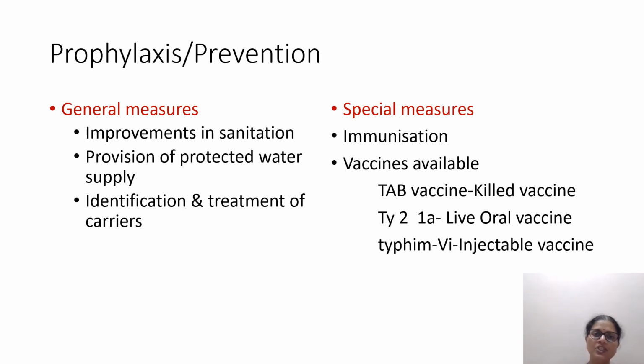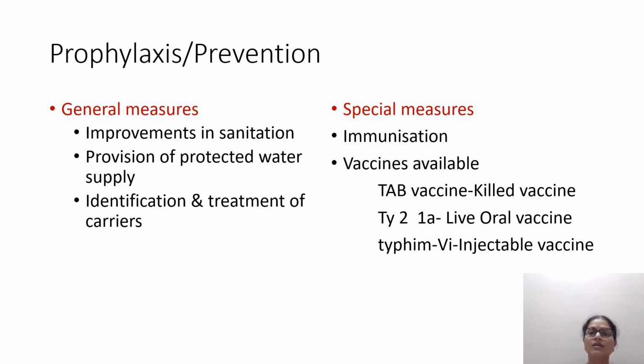Typhoid can be efficiently prevented by taking certain general measures and special measures. The general measures include improving the sanitation conditions, providing treated water supply, and also identifying and treating the carriers. The special measure is mainly by giving vaccines. Three types of vaccines are available. The first one is the TAB vaccine, which is the vaccine introduced during the First World War.